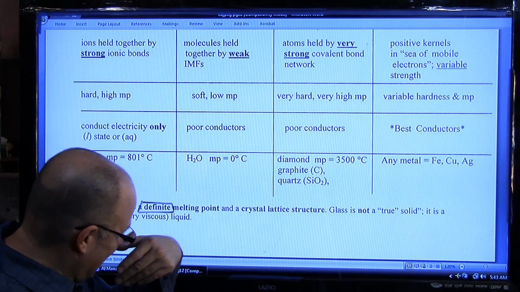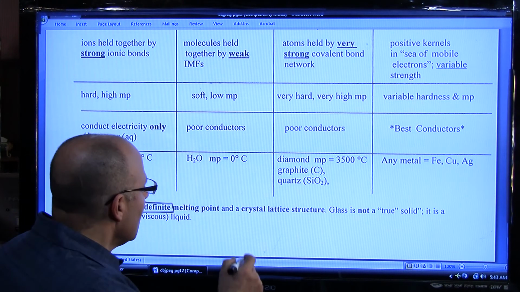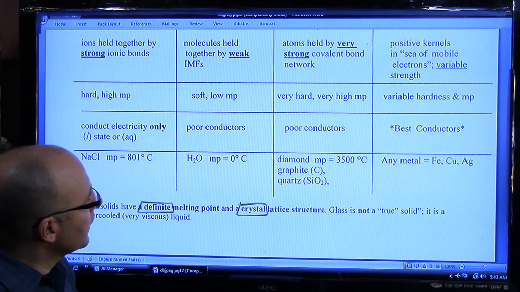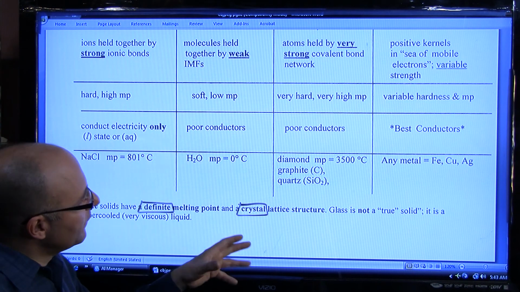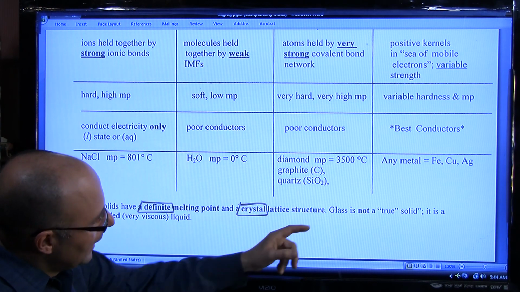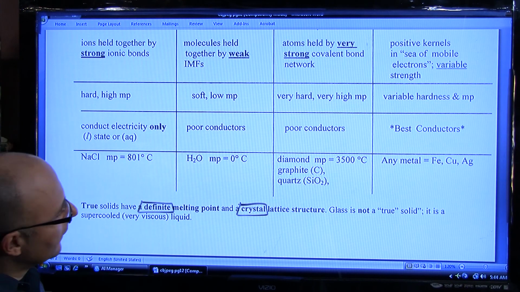That temperature does not change throughout. And they also have a specific crystal lattice structure. In other words, a specific three-dimensional arrangement of the particles that make up that solid. Glass doesn't qualify in either case.